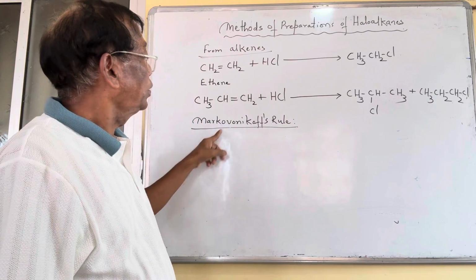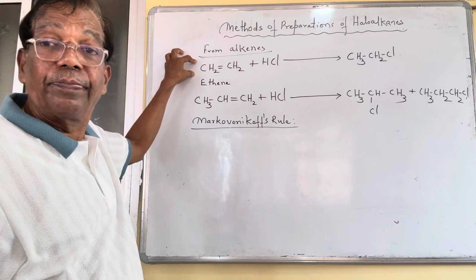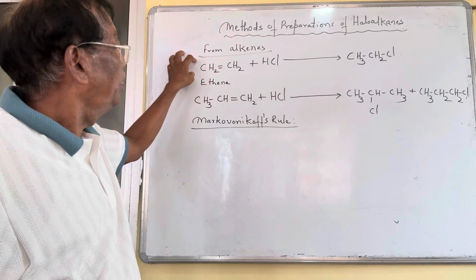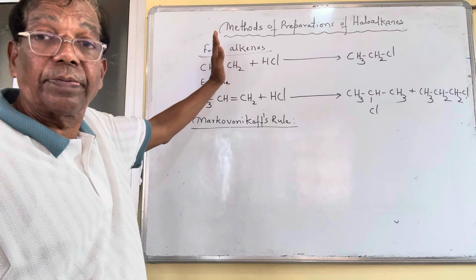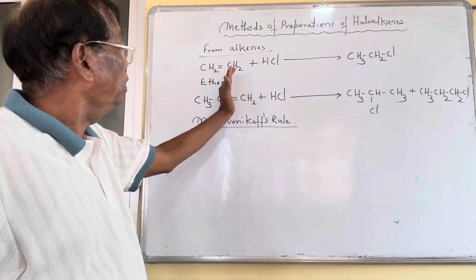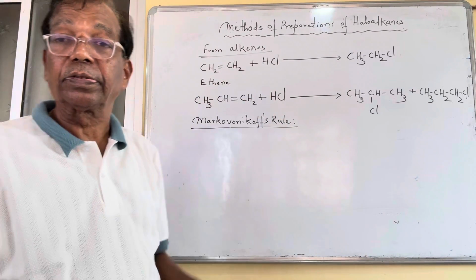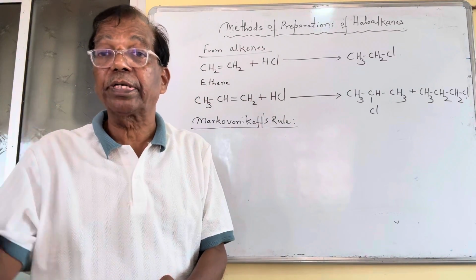So the rule tells you like this, that in case of unsymmetric alkene, this was symmetric. What is symmetric? If I cut here at the double bond, I will get one carbon here, one carbon here. That is symmetric. But if I cut here at the double bond, I will get two carbon this side and one carbon this side. So that becomes what is called unsymmetric.